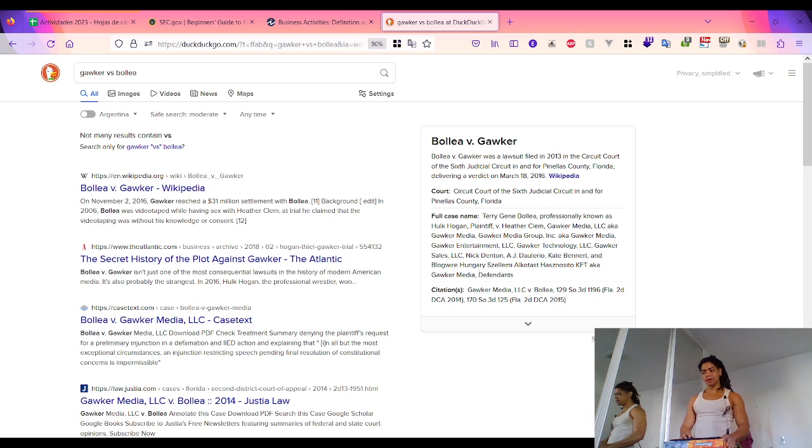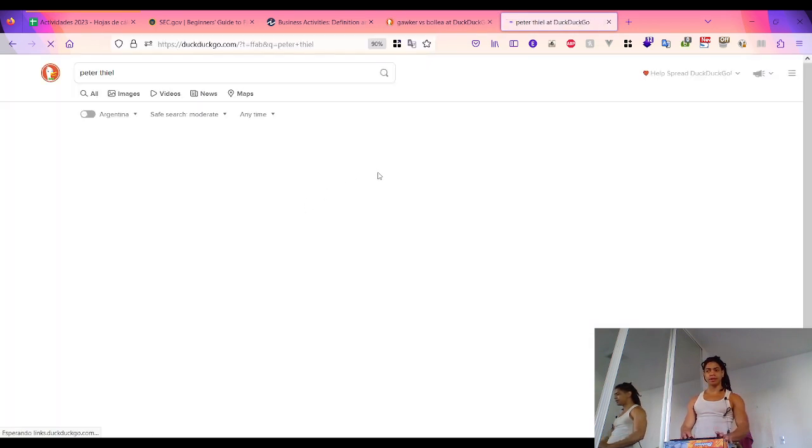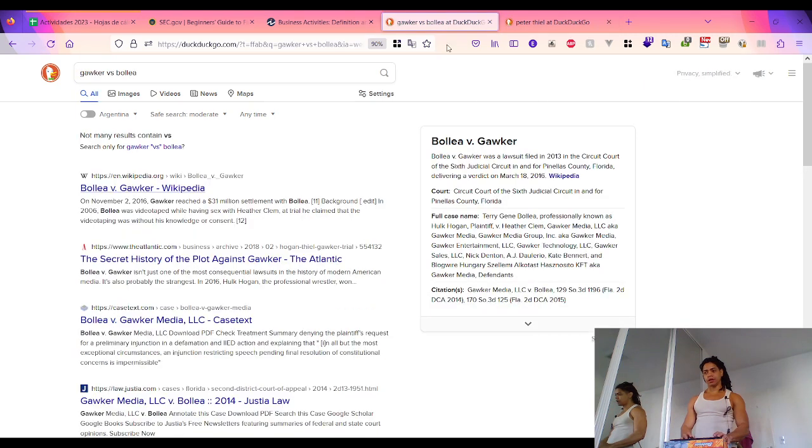Because of that, they used Bollea, a high profile person like Peter Thiel, right? So Peter Thiel used Bollea to close this media company, because they were exposing private data, things that he didn't want exposed.